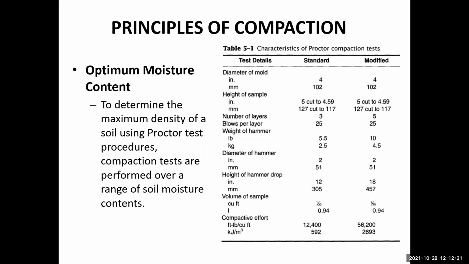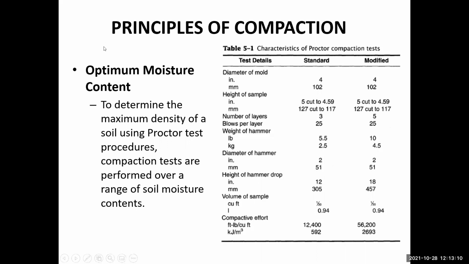For example, if we have two different types of soil, type 1 and type 2, and they have their own moisture, and we apply an equal amount of effort on those soils, or maybe the same type of soil with different moistures, then we will obtain a different amount of compaction on those soils.